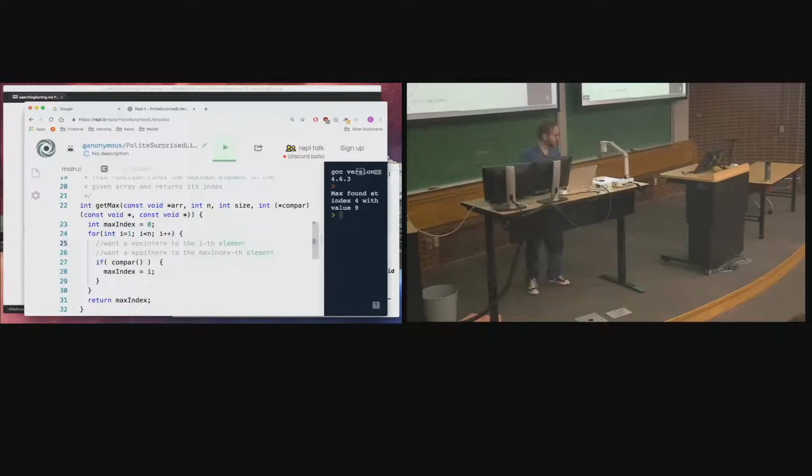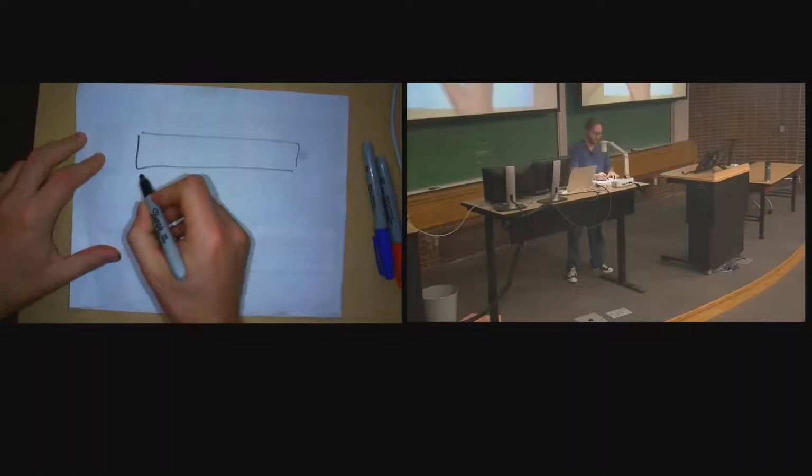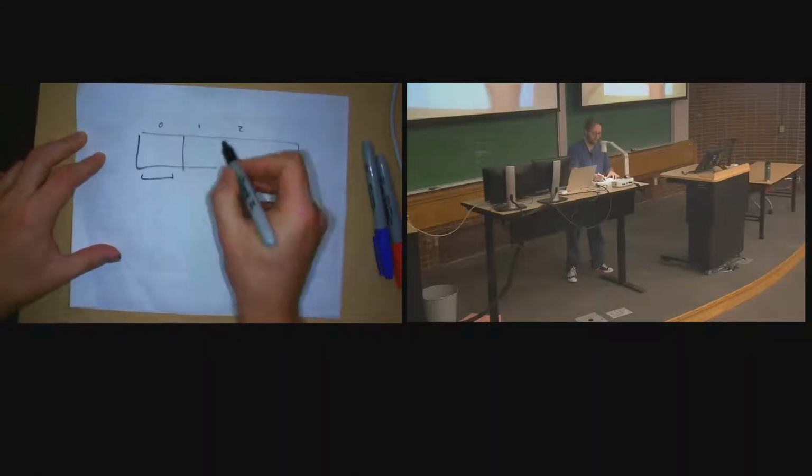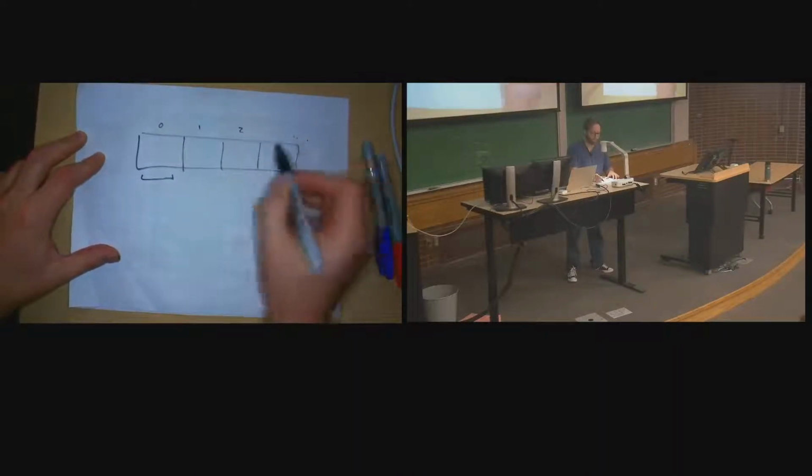For that, let me go ahead and go to the overhead projector here, if I can. There we go. Does that work? Good. All right. So remember, we have this array of elements. Here's the 0th element, here's the first element, and by index, 2.